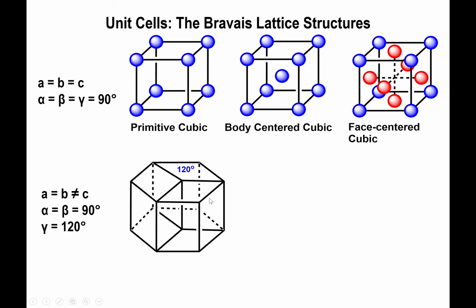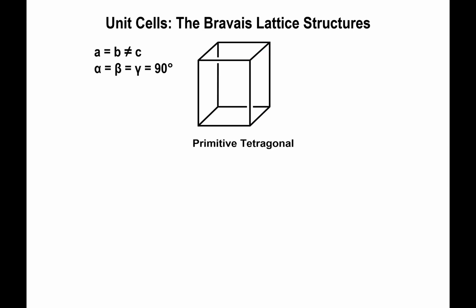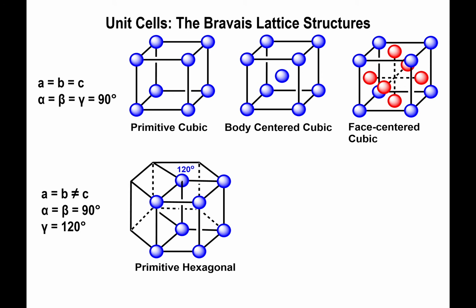But this is what gives you the hexagonal shape overall. If you only have atoms on the corners, and notice here that we're dividing this by 1/3 of the value, right? So if you have atoms in this rectangular shape out of the hexagonal structure, you have a primitive hexagonal structure. And that's, by and large, the extent of the hexagonal structures.